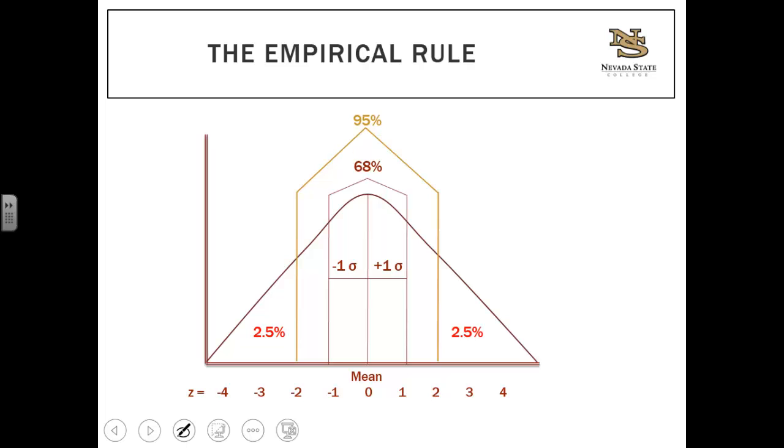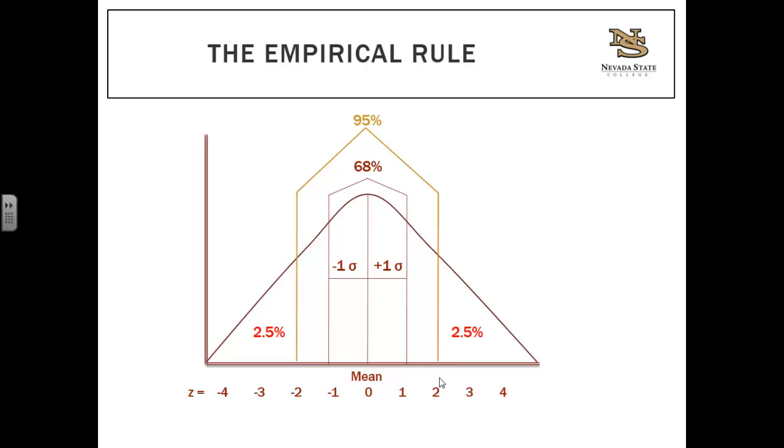Remember I was telling you that a z-score of 3 or above is an outlier, and a z-score between 2 and 3 standard deviations is extreme. So let's take a look at the empirical rule.